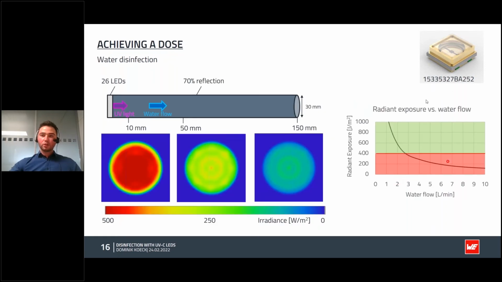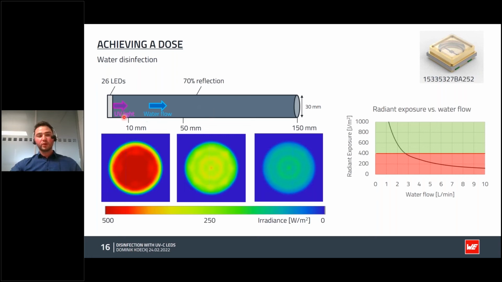I also show you here an example of water disinfection. That's just a simplistic model of a water disinfection device, where on the left-hand side we have quite a lot of UVC LEDs, and they all shine in the direction of the pipe, and the water is also flowing in this direction.